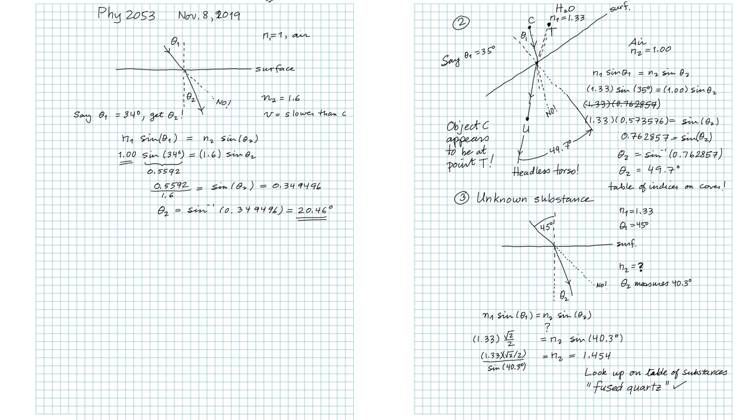It's going to cut a little bit away from the normal. So it's not going to go straight through. It's going to cut, and I'll make a solid line here. It's going to cut something like that. All right, so there's my outgoing ray. Now, I've got a bunch of lines in here, so I'm not going to write in theta 2, but you can sure do that if you want.